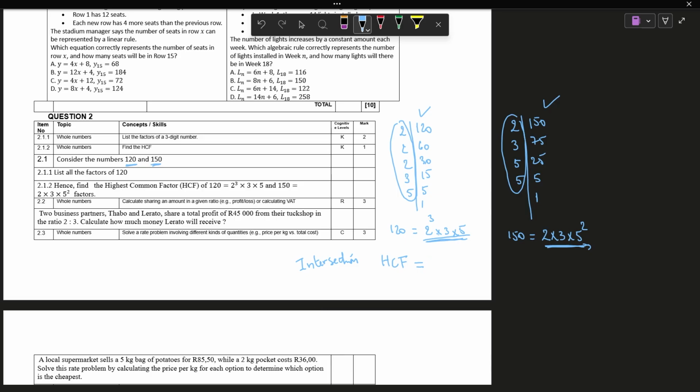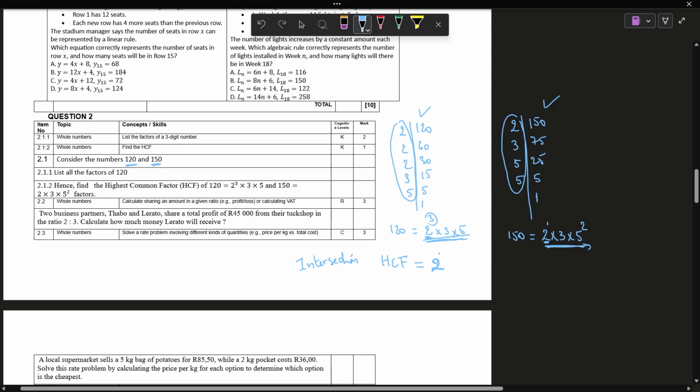What do I have on the left? I have 2, this base here, 2. On the right, I also have 2. That is why I write 2 here. Now, I need to take the lowest exponent. Here I've got 3. Here I have 1, right?